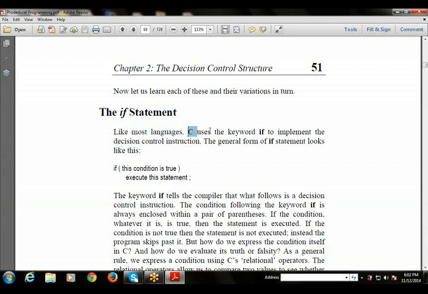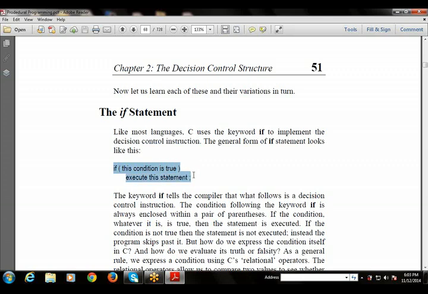Like most languages, C uses the keyword if to implement the decision control instruction. What is the general form, the syntax, of the if statement?